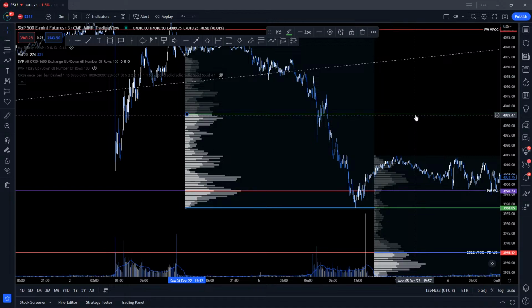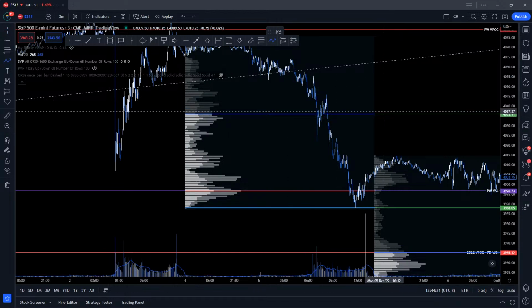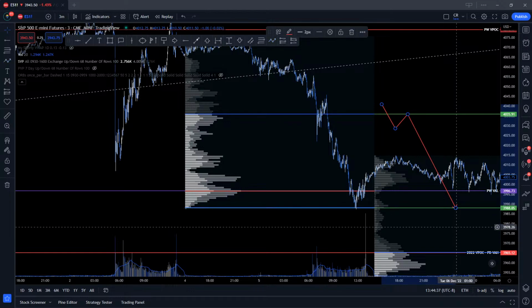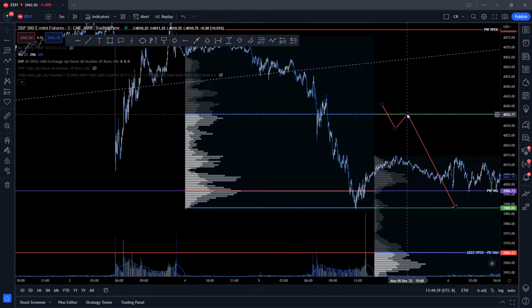Once that happens, you're looking for a retest of the value area high, and you would short there. This is considered the 80% move. When this happens, there's an 80% chance that you're going to go from the value area high to the value area low.